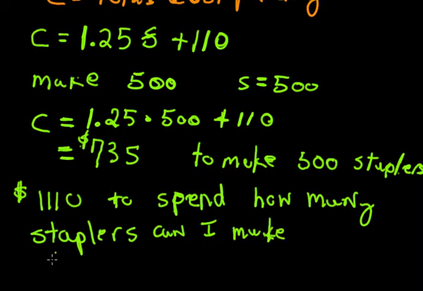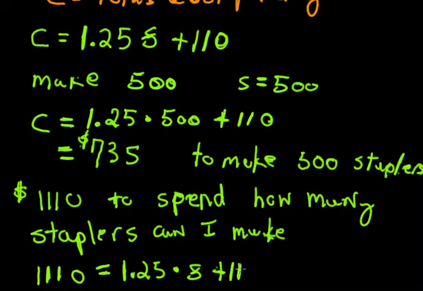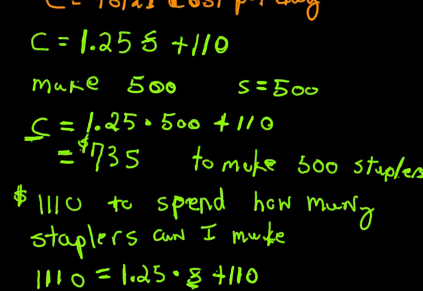Well, this goes in place of C: 1,110 equals 1.25 times S, which is what we're solving for now, plus 110. I've just switched variables here. I know C now, but I don't know S. And so I'm solving for S.